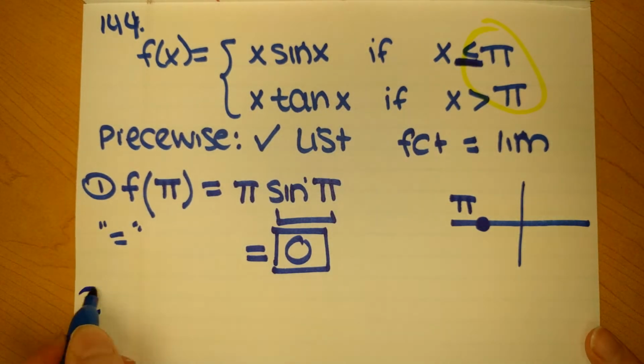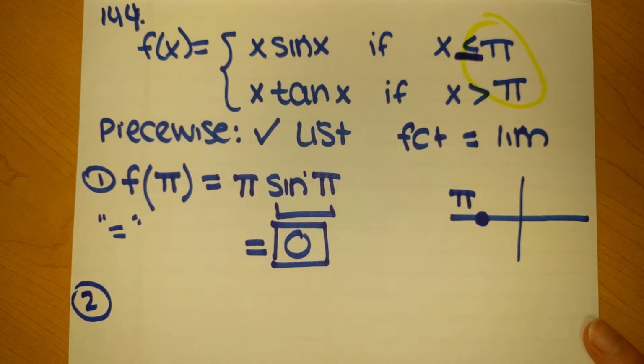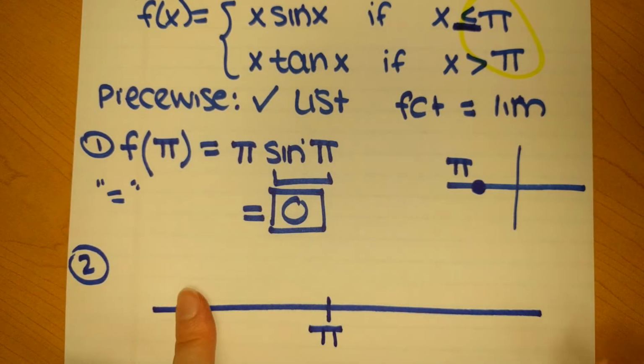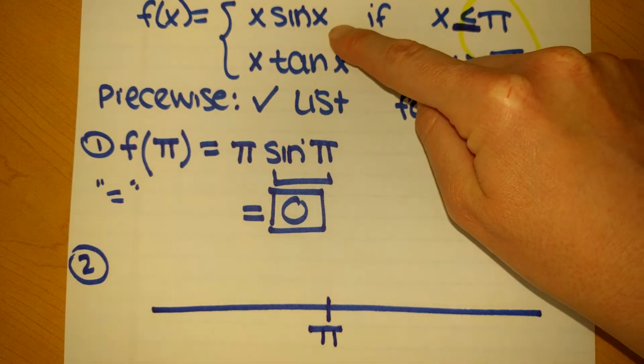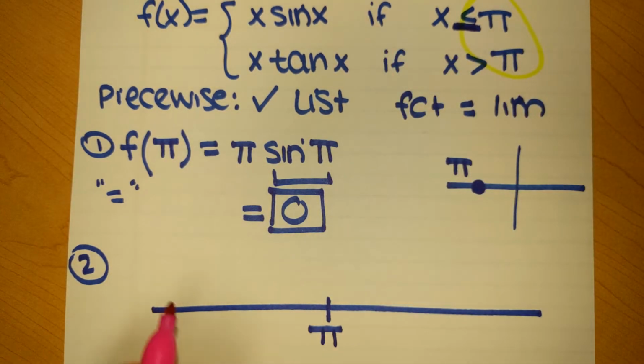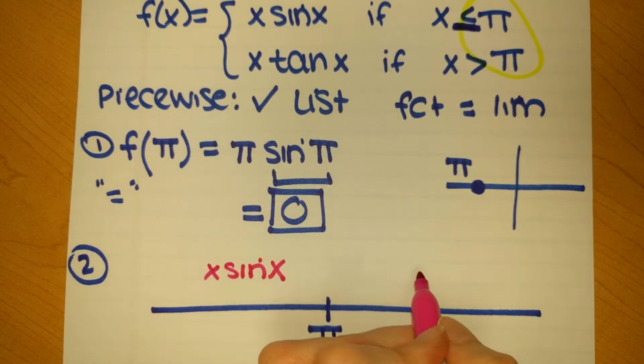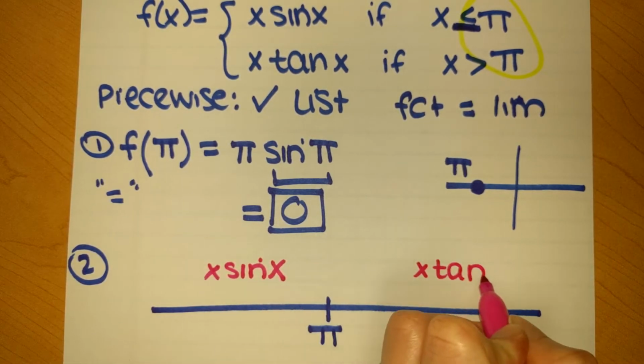Now, the second thing that we need to do is look at the limit, and we want the limit to exist. Whenever I have a piecewise function, I like to draw a little picture and say, okay, to the left of pi, I am defined by x sine x, and to the right of pi, I am defined as x tangent x.